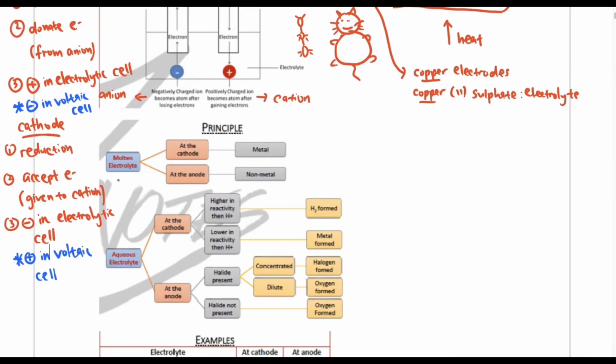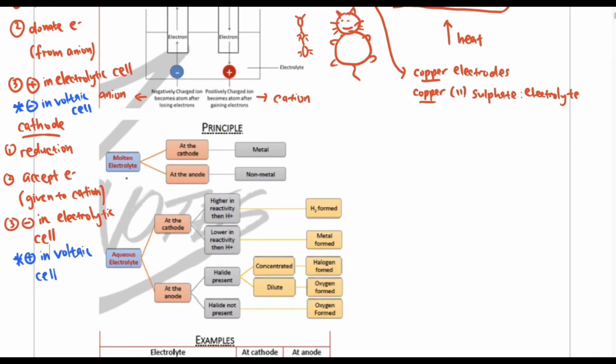Okay, now let's look at the principle here. We have 2 types of electrolyte. The first type of electrolyte is molten electrolyte. That means it's melted, you heat the ionic compound until it melts.